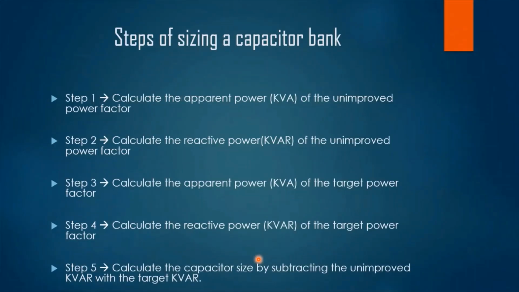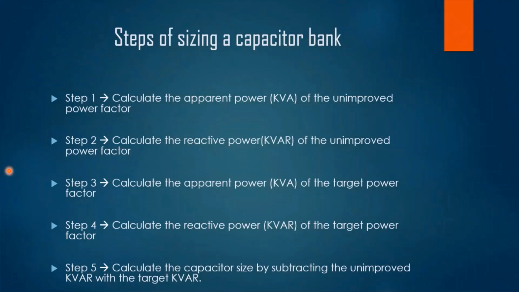Let's see how these formulas are going to work in the example, but before we get into the example, let's conclude the steps of sizing a capacitor bank in 5 steps. First, calculate the apparent power of the unimproved power factor. Second, calculate the reactive power of the unimproved power factor. Third, calculate the apparent power of the target power factor or the corrected power factor.